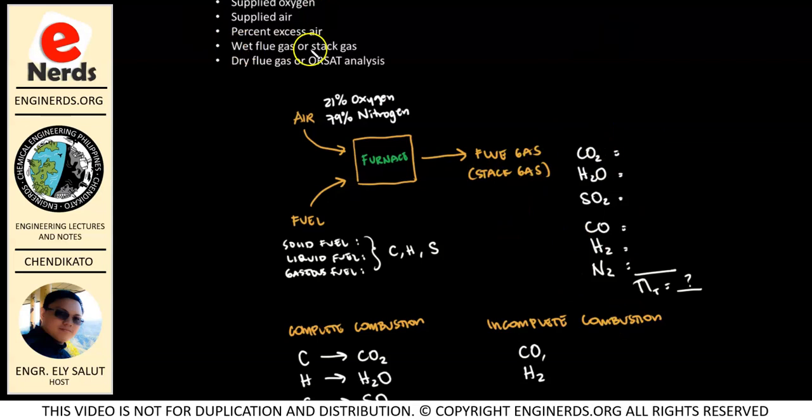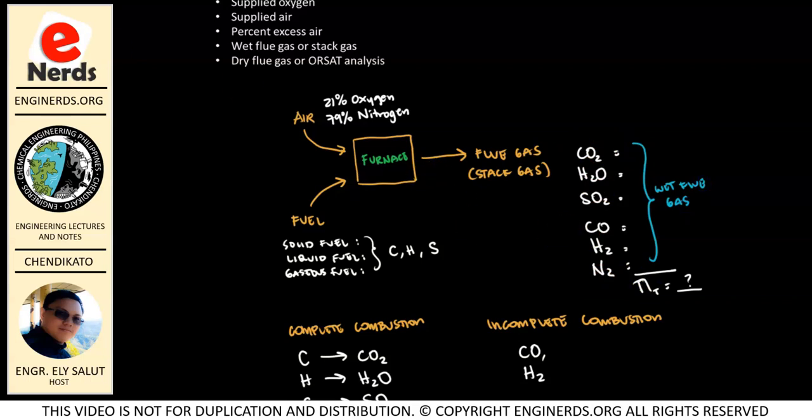So, yan yung wet flue gas analysis. Anyway, magsosolve tayo ng mga problems dyan later on. Ngayon, we are just explaining kung ano yan. So, wet flue gas analysis will require to consider everything.